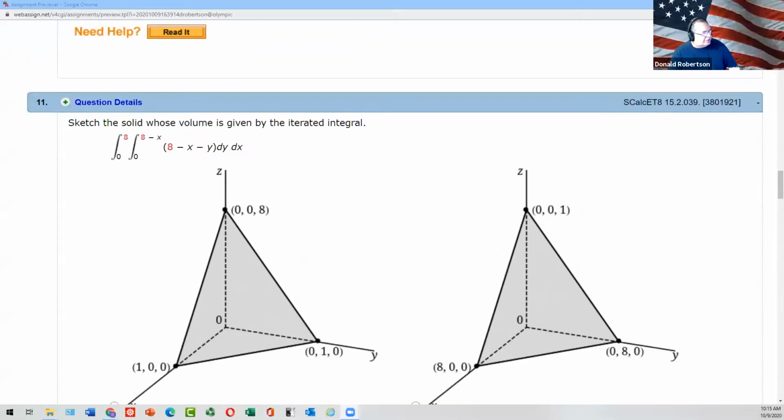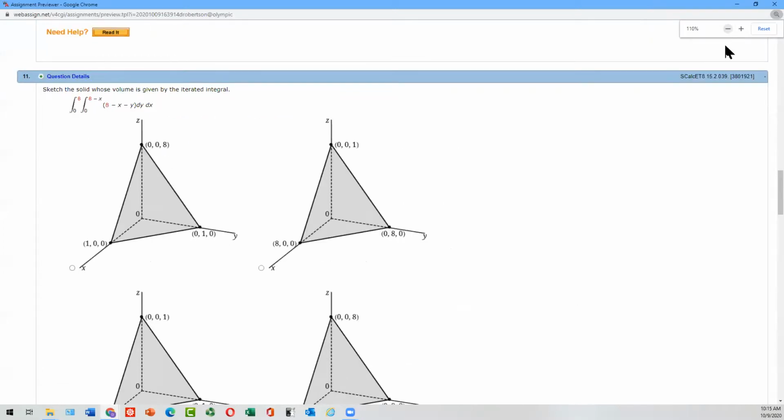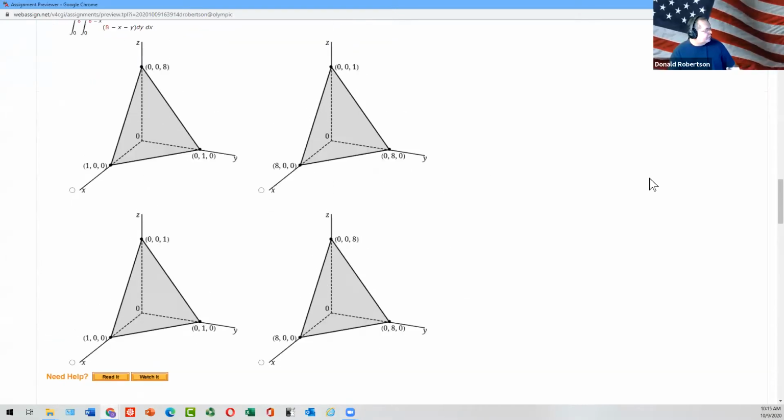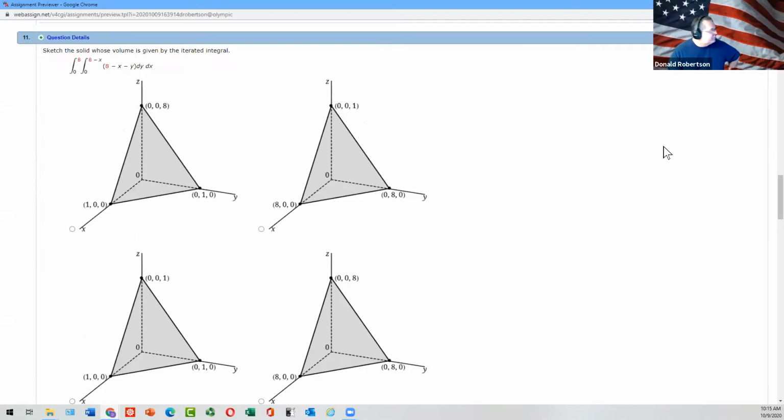But I'm going to have to shrink these pictures down so we can kind of see them even in small version. Can you see that there's 4 guys? Now, I guess if you put it into GeoGebra and you looked really carefully, you might be able to figure out which one of those 4 fits. But what I'm going to do instead is show you how we can figure out which one is the right picture.